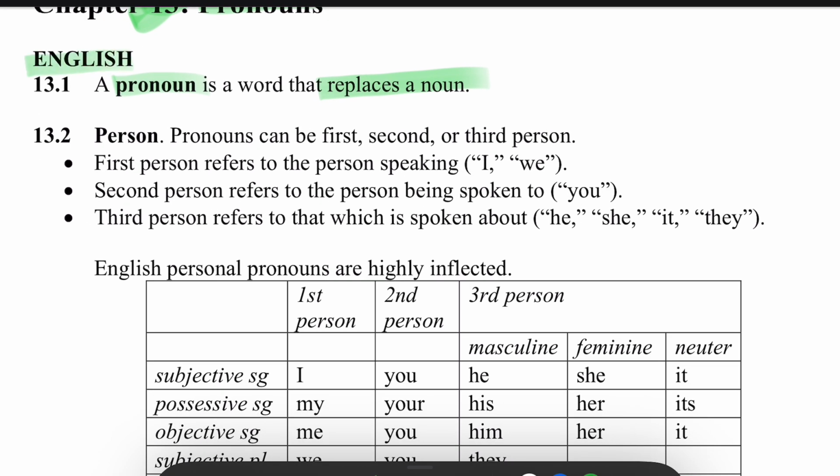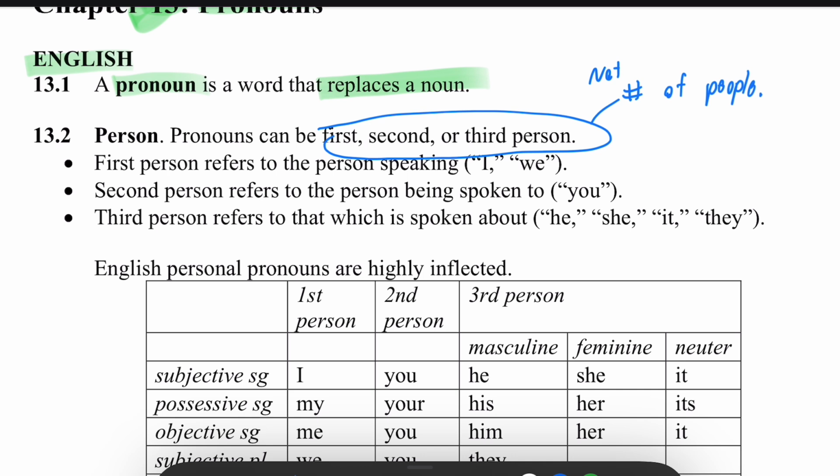So here we're talking about English first. Pronouns can be in the first, second, or third person. Just one note here, this can be a little bit confusing for some people. We are not talking about the number of people. So this is not one person, two person, or three persons.